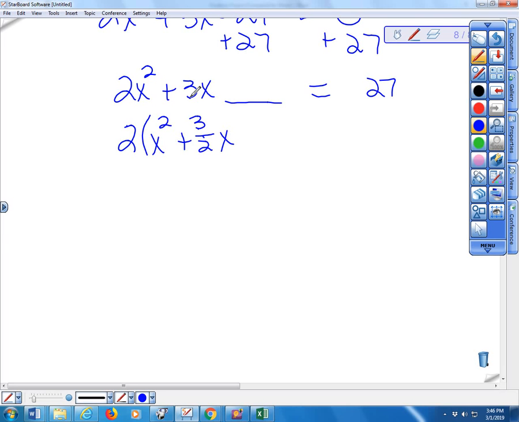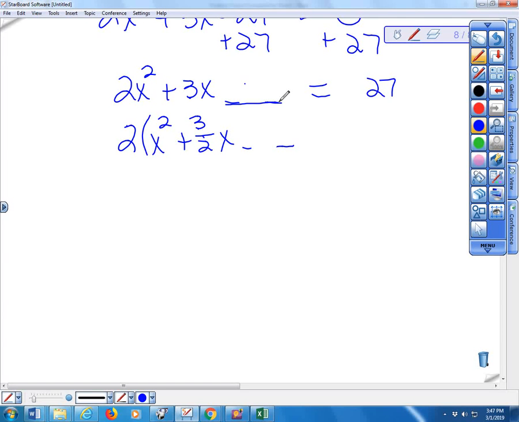Okay, once I've factored the 2 out, I'm going to add a number that when squared is going to go up here. Okay, so 3 halves. In order to get that constant that I add inside the parentheses, I'm going to take half of 3 halves, which is 3/4.